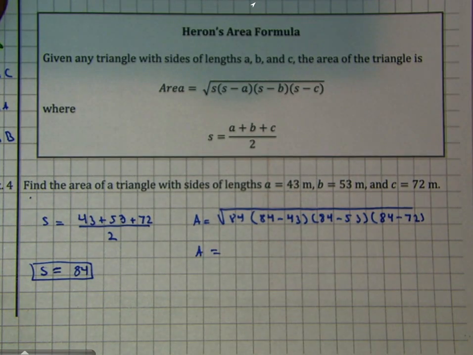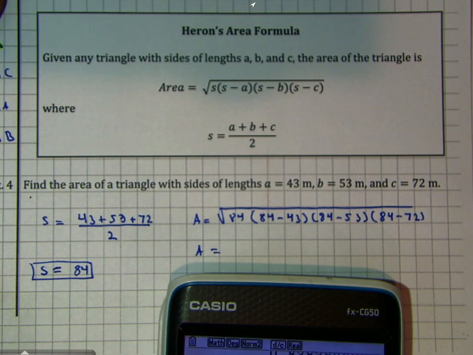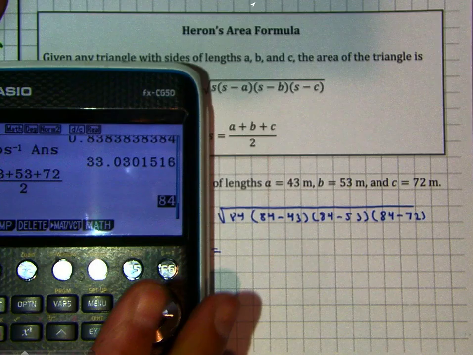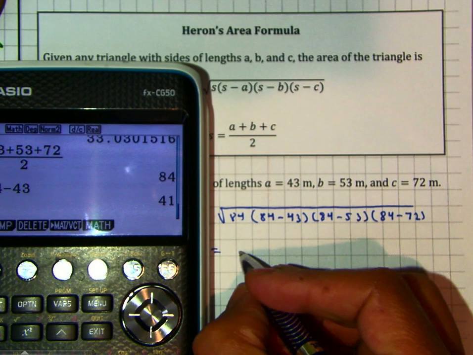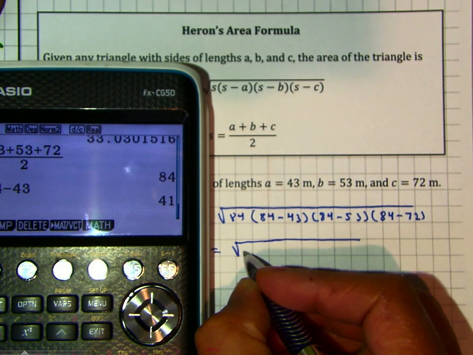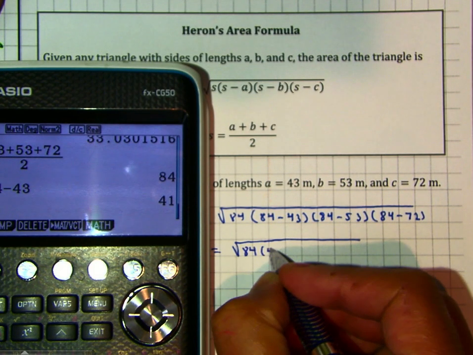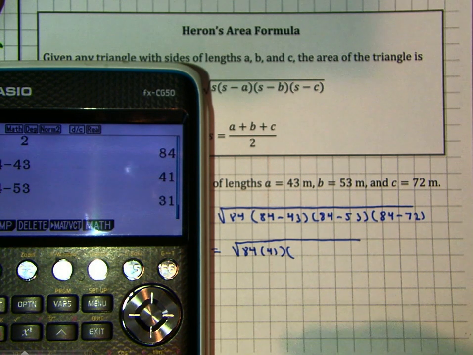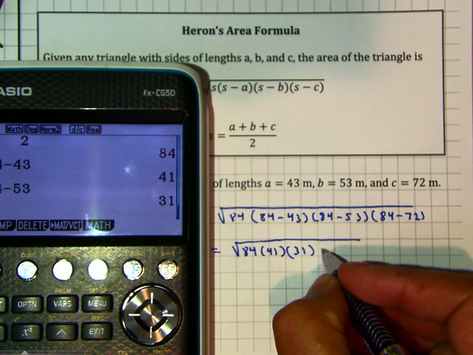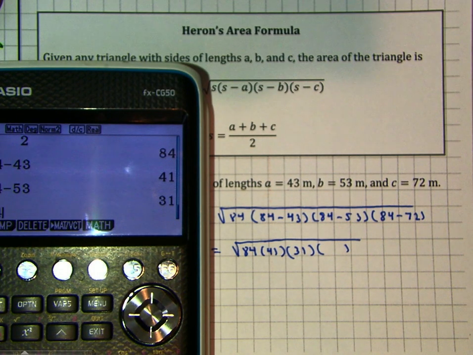And we are just going to type that into the calculator. So 84 minus 43 is 41. So the square root of 84 times 41, 84 minus 53 is 31, and 84 minus 72 is 12.